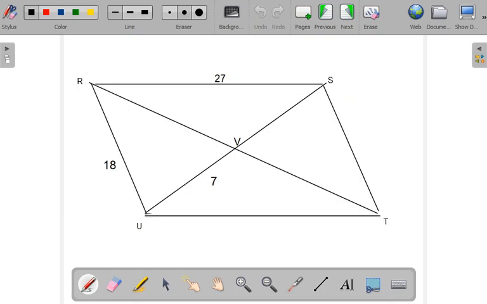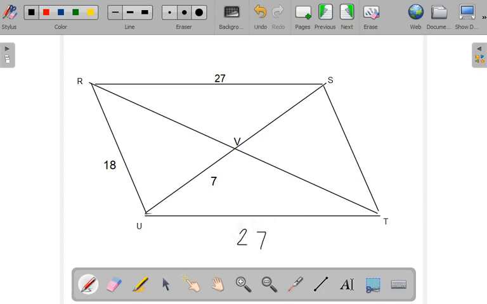Let's try another one. So this one has diagonals involved. So we can fill in as much as we know about this picture. First of all, we know opposite sides are congruent. So if we know from R to S is 27, we know from U to T is going to be 27.